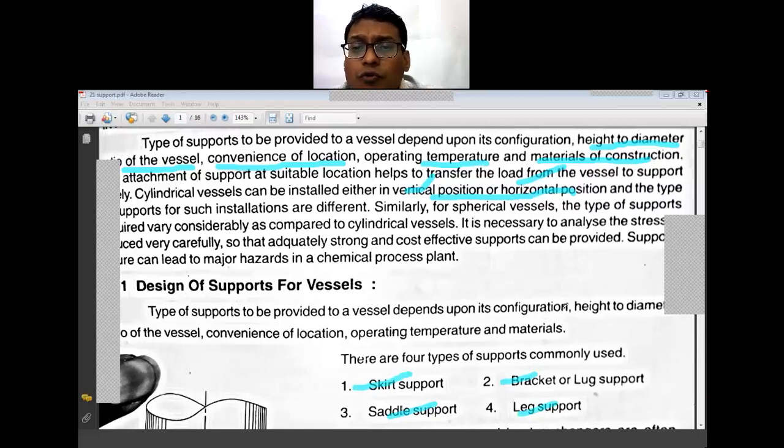Now, when we discuss these supports, they have to be given sufficient strength to rest at the proper position. The vessel should not overturn, that means it should not get bent. On roads or squares, you see tall vertical poles for the lights, the heavy lighting systems in different squares or locations.